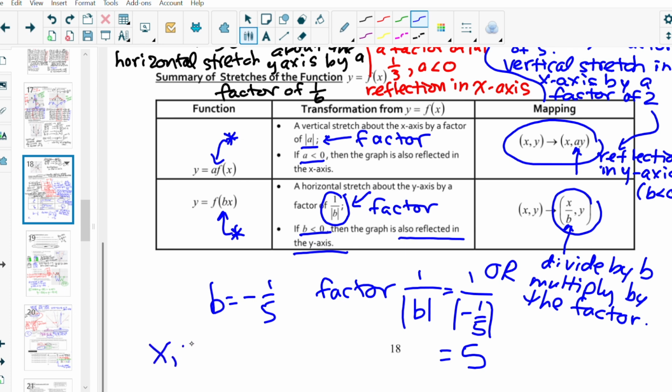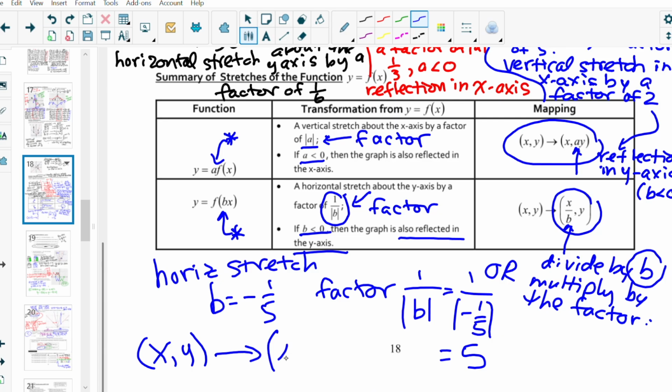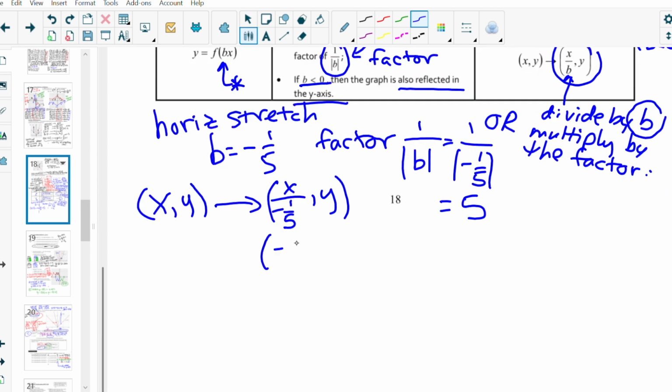Okay, so if we're just considering a horizontal stretch, so this is the example, horizontal stretch, x, y transforms to, okay, we can either divide by b or multiply by the factor to get your mapping notation. So x divided by b, so if I do x divided by negative 1/5, and y, that's the same as negative 5x comma y.